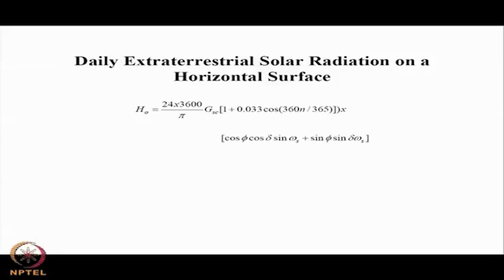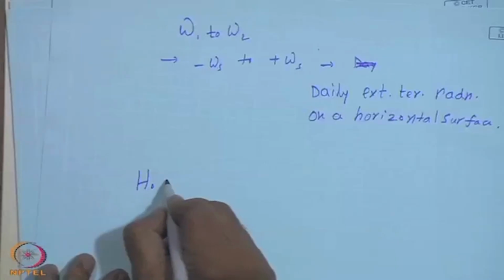That is how you will get a 24 instead of 12 and a sin omega s, and here sin phi sin delta into omega s, that 2 is absorbed in that 24. Okay. That we will call H 0.